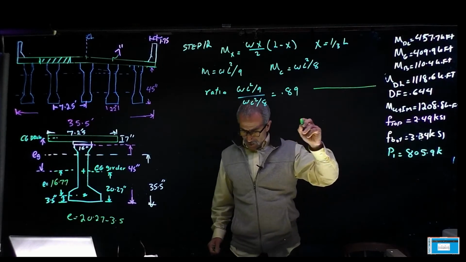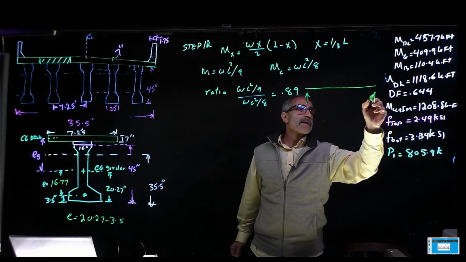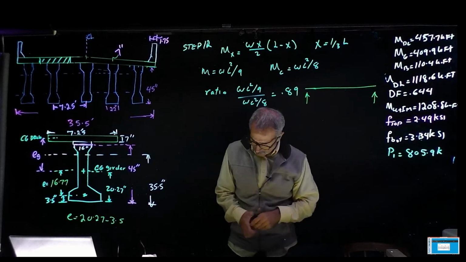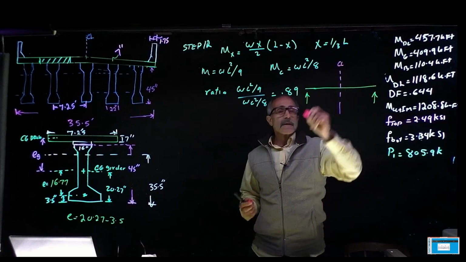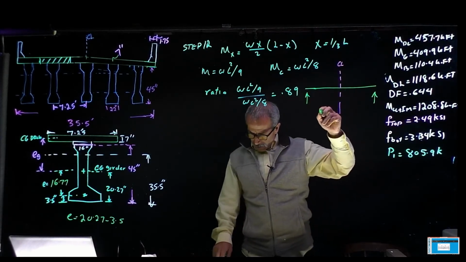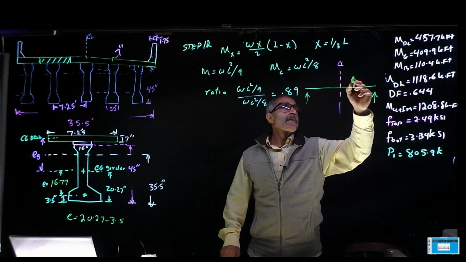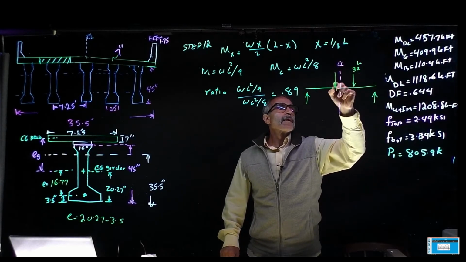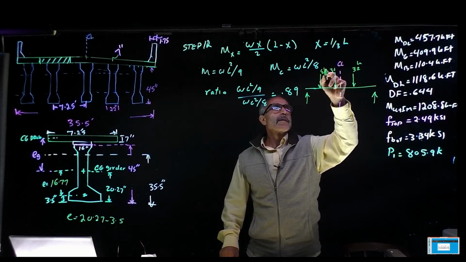Okay, and our center line is right here. We had 32 kip, 32 kip, and 8 kip.